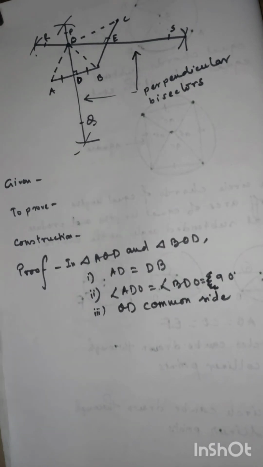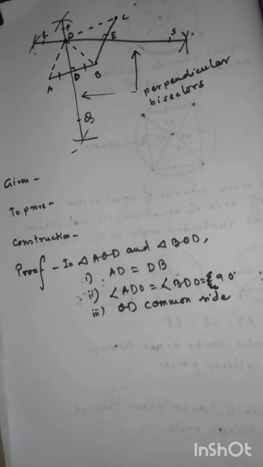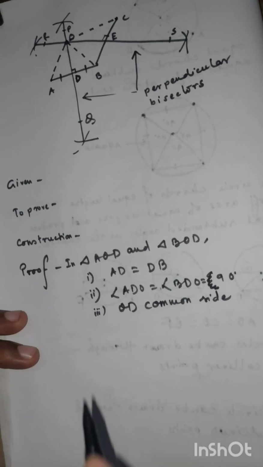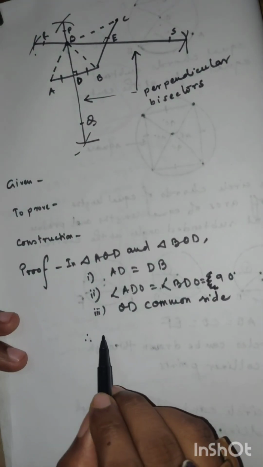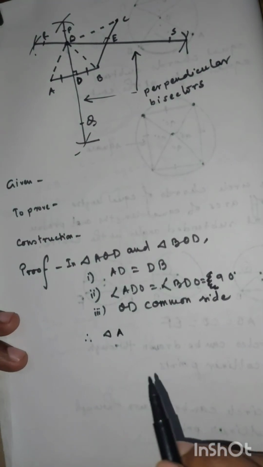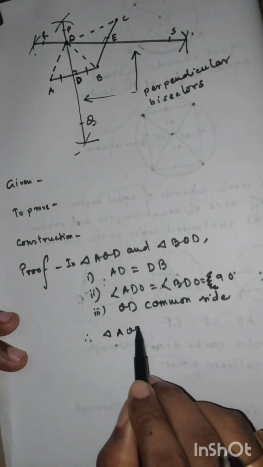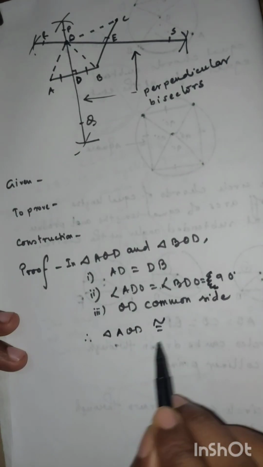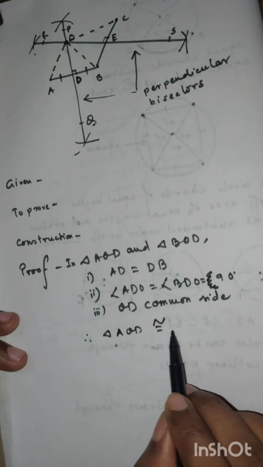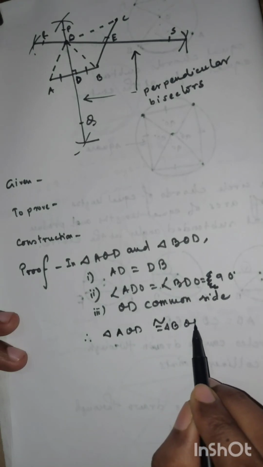Now from these 3 points we can say, therefore, triangle AOD must be congruent to triangle BOD.